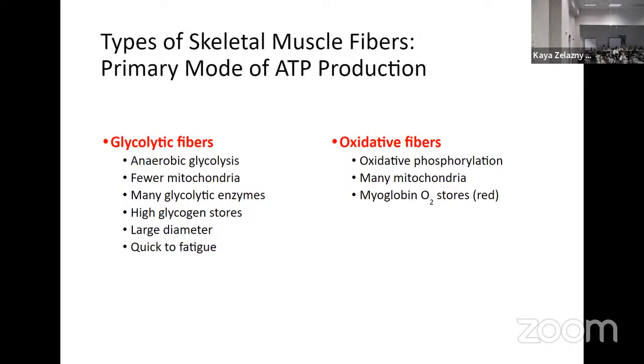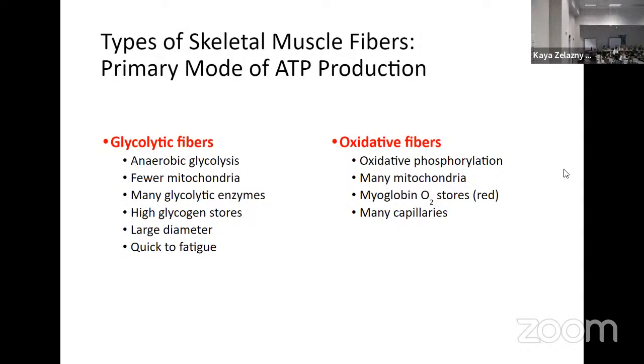If you think about your legs, your hips, they're supporting your body weight all the time. So they have to keep going and going and going. So we want to have a process where we don't fatigue all that quickly, which means oxygen and this more efficient type of metabolism. So that's why we see those myoglobin stores.